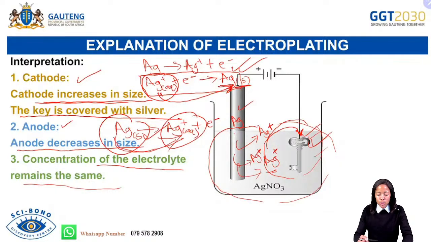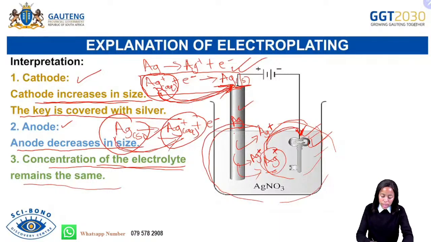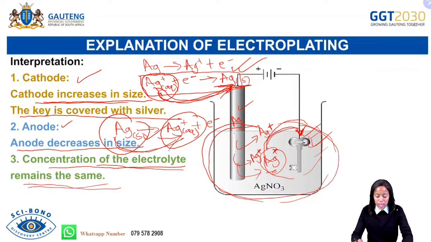So we are producing Ag plus in solution. So even though we are producing, when it comes to the cathode, what is happening? We are removing Ag plus from the solution to the electrode. So because that is happening, therefore the concentration of the electrolyte will remain the same.